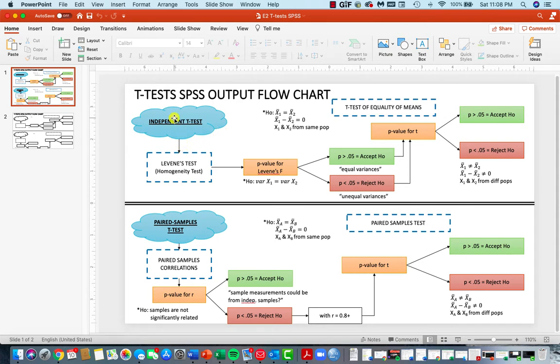Generally when we run an independent t-test, we have to make sure we have homogeneity of variance. So we have to look at Levene's test first. That will give us a p-value that tells us if we have relatively equal variances between our samples, which is basically looking at whatever our measure of variability is.